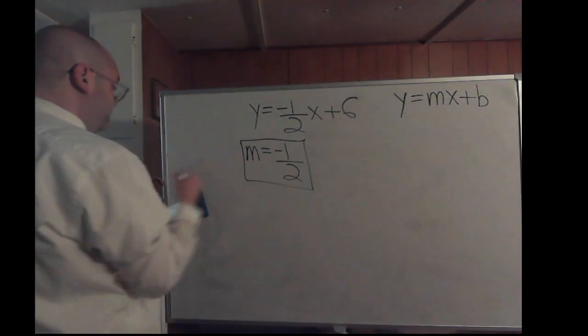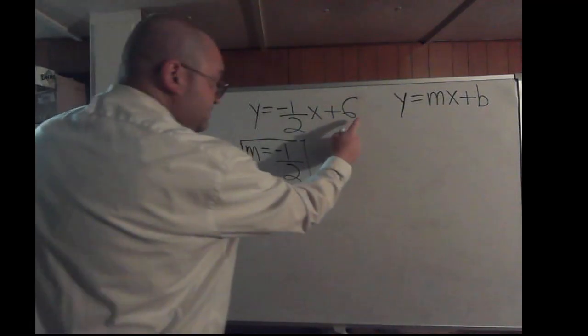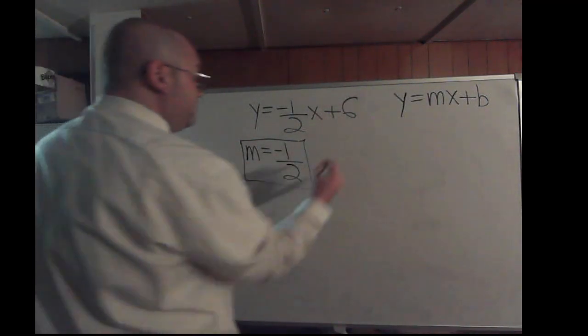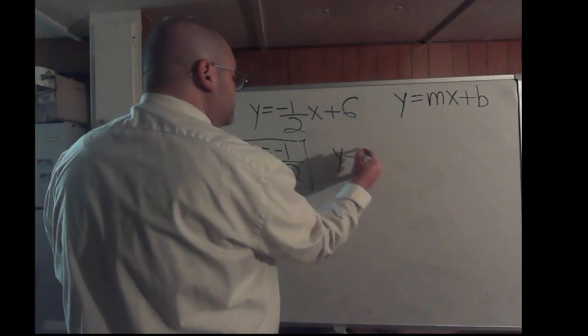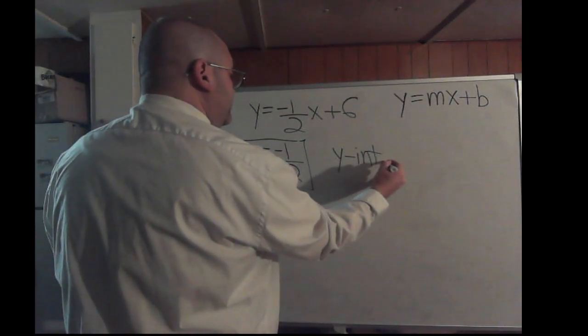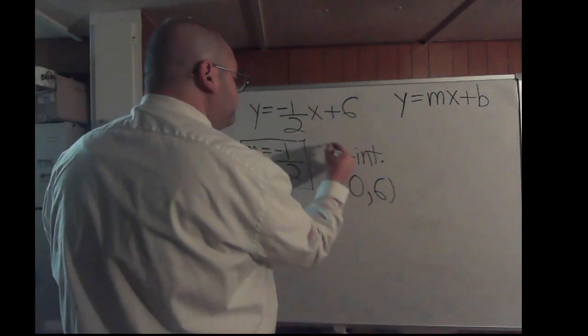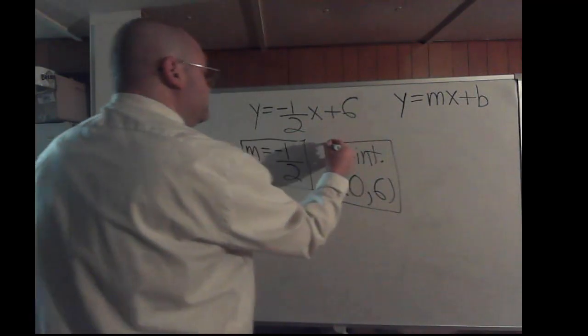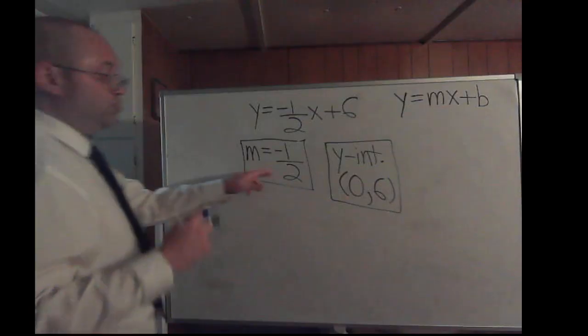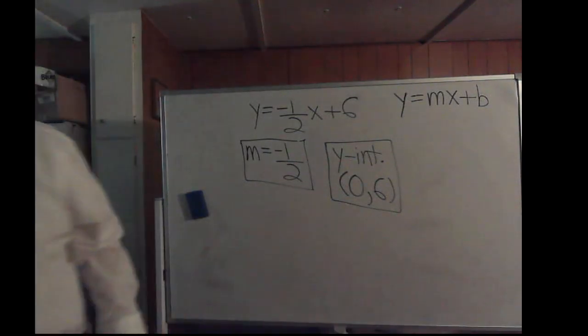Easy enough. Now your constant term is 6, so therefore your y-intercept occurs at 6. So the y-intercept will have the coordinate of 0, 6. And that would be the answer for the slope and the y-intercept.